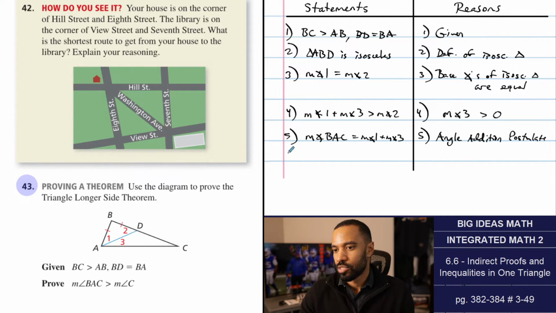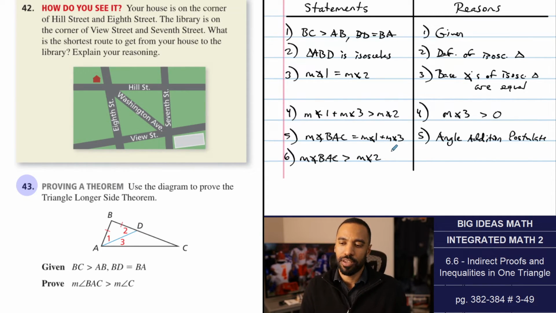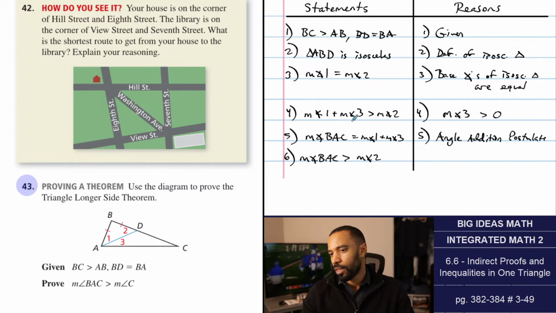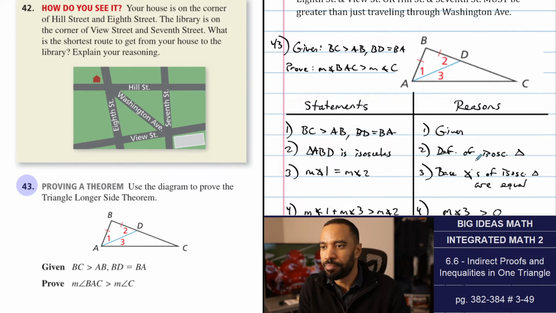So 6, measure of angle BAC is greater than measure of angle 2. I don't know if I can call that substitution or transitivity property. I'm going to call it substitution because I don't want to be wrong and call it transitivity, because one is an inequality, one is an equation.